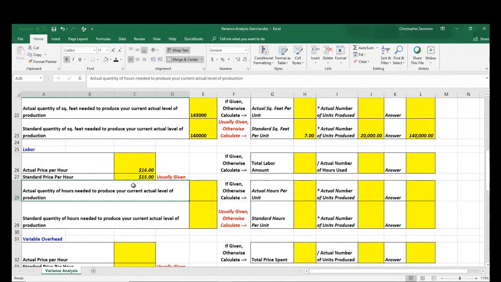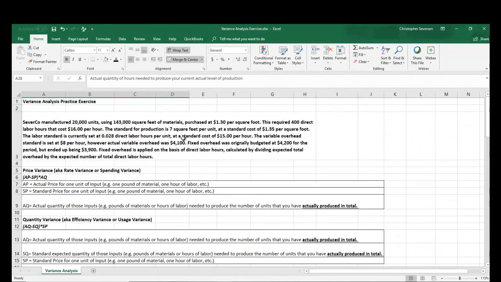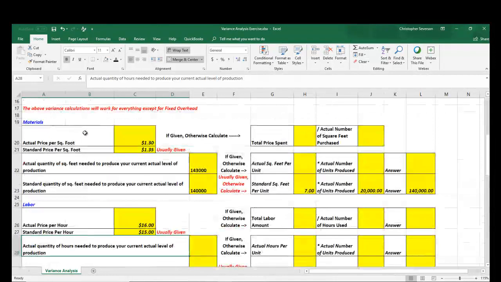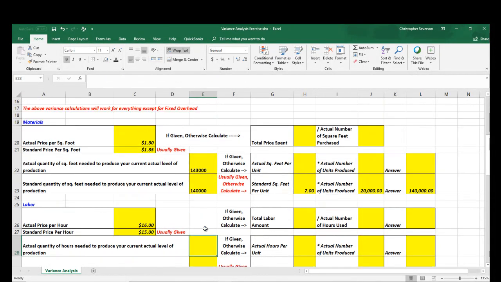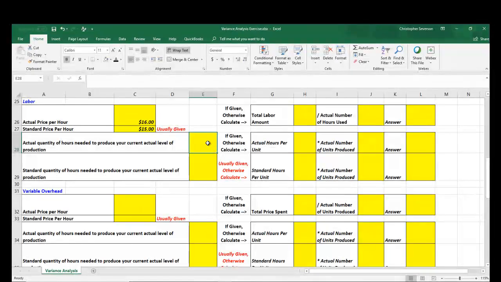Now we're down to the quantities again. Actual quantity of hours needed to produce your current actual level of production. So it says this production required 400 direct labor hours that cost $16 per hour. So 400. We used 400.